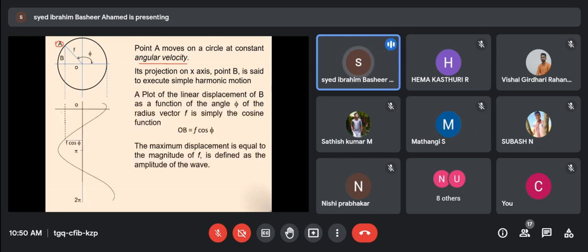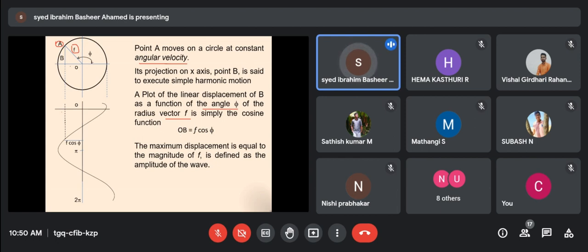A plot of linear displacement of B as a function of the angle phi of radius vector f is simply the cosine function.